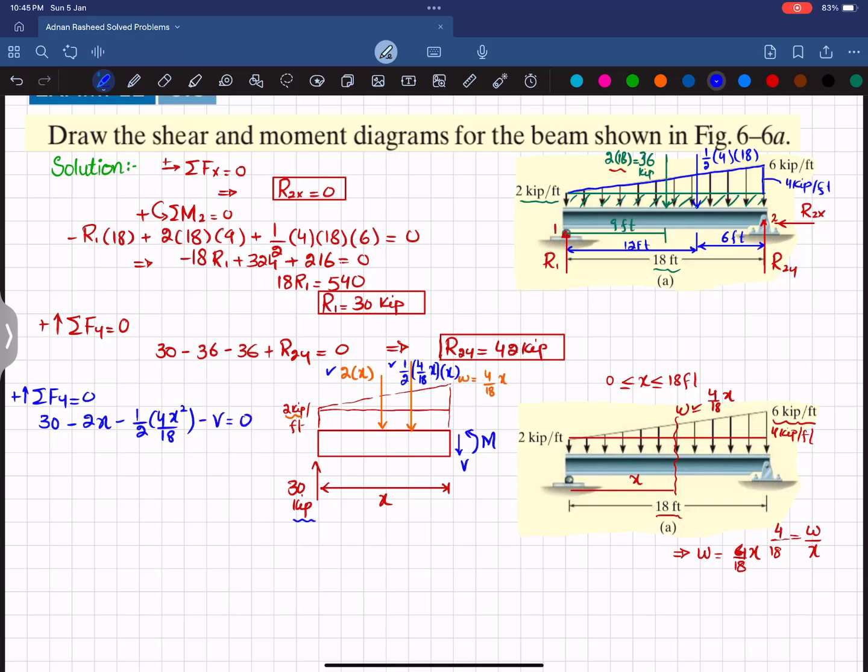So as we are interested to find out V, V is equal to 30 minus 2x, and this 2 will cancel with this 4, so 2x square over 18, which will give you x square over 9, and the unit of this equation will be in kip. This is your equation number 1.